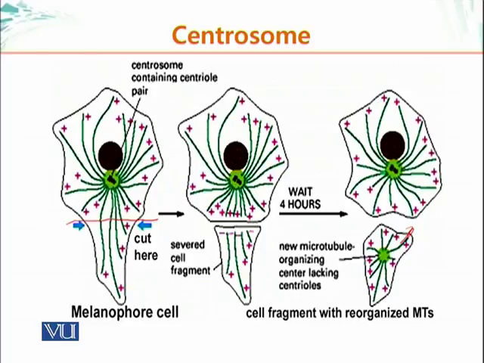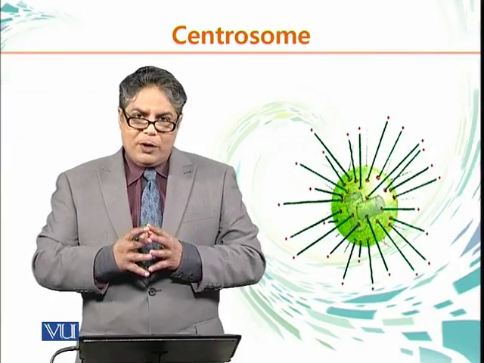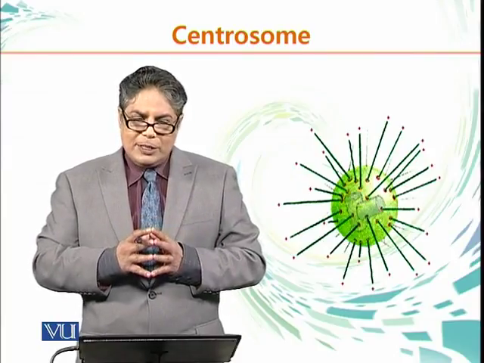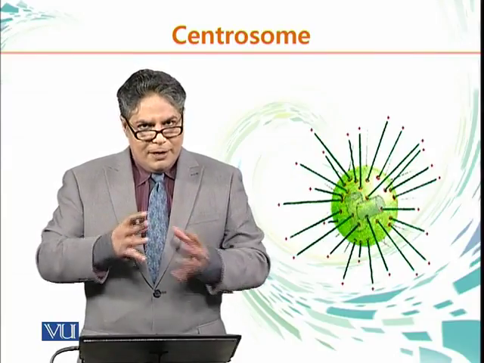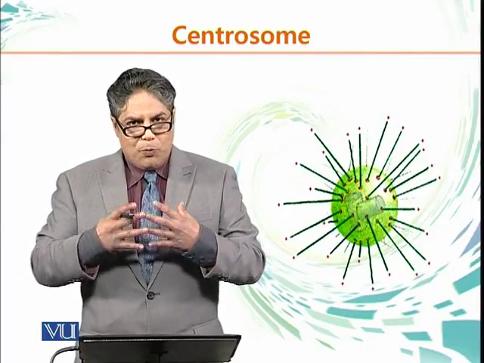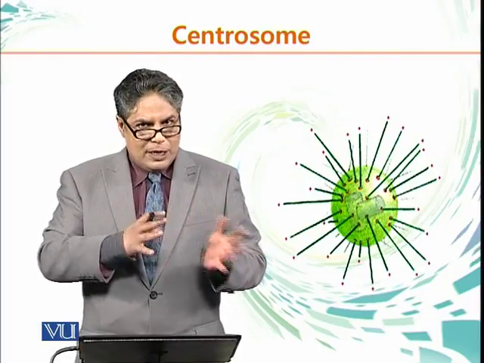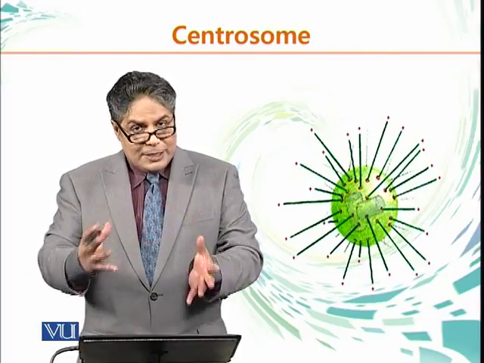They can use motor proteins and they can organize themselves in the same position as if the centrosome was there. Although, of course, if there is no centrosome, you cannot nucleate microtubules, but you can still organize microtubules even if the centrosome is not present. Cells have other redundant mechanisms to make sure the microtubule array is organized properly, because all the rest of the cellular organization, everything else depends upon it.